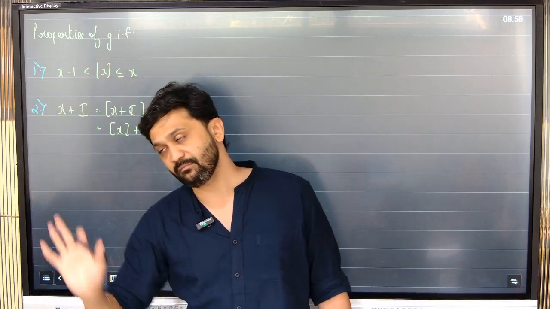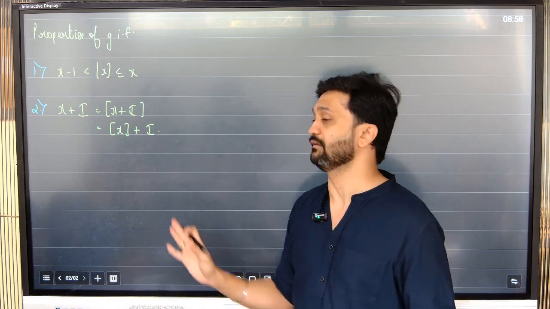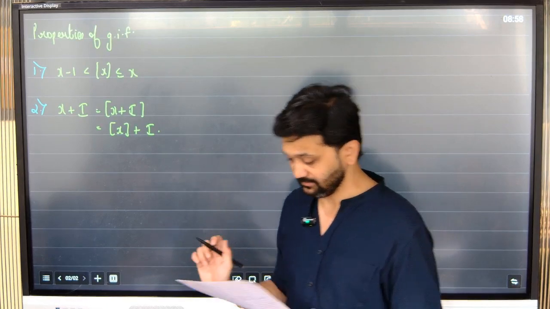You want to write it in the bracket, you can, but greatest integer function of 10 is going to be 10. So we are not going to substitute the value, it is going to be like this.